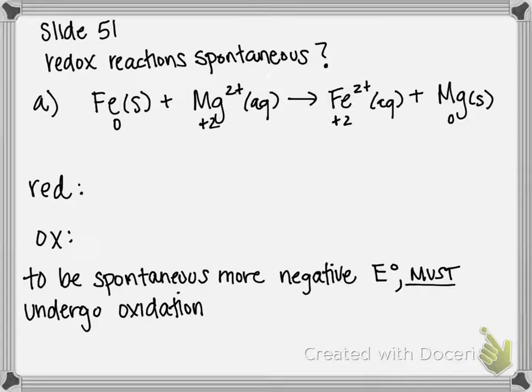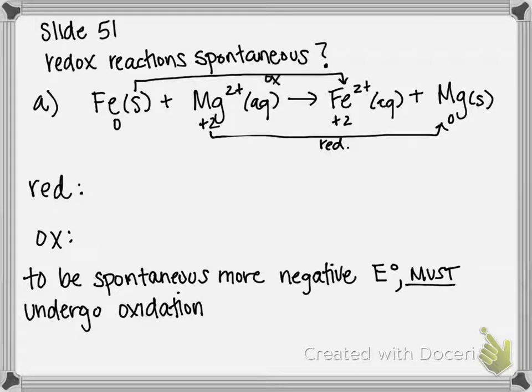So magnesium is undergoing reduction and iron is undergoing oxidation.